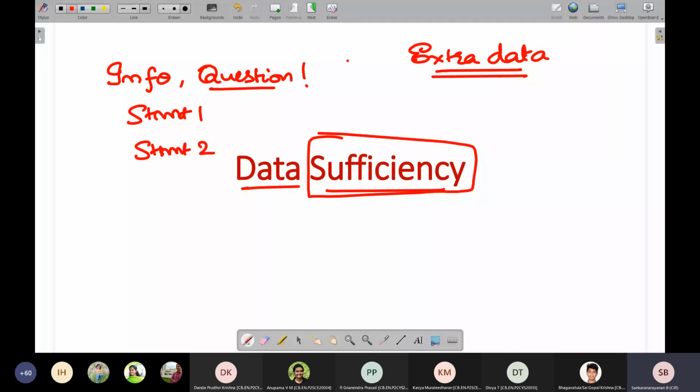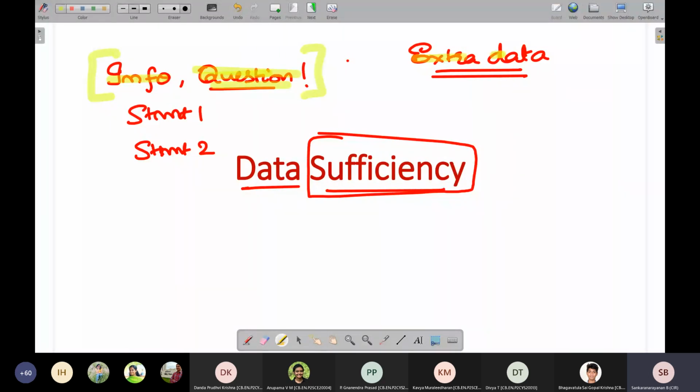So the question type, if you consider, will be like this: there will be some information given along with the question, and then the question will be asked. You cannot answer that question with the limited information given in the question stem. For trying to answer the question posed, you need extra data.